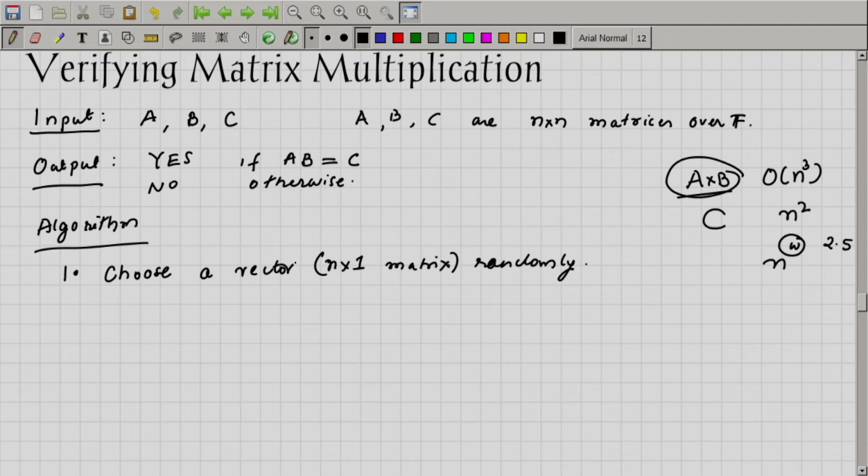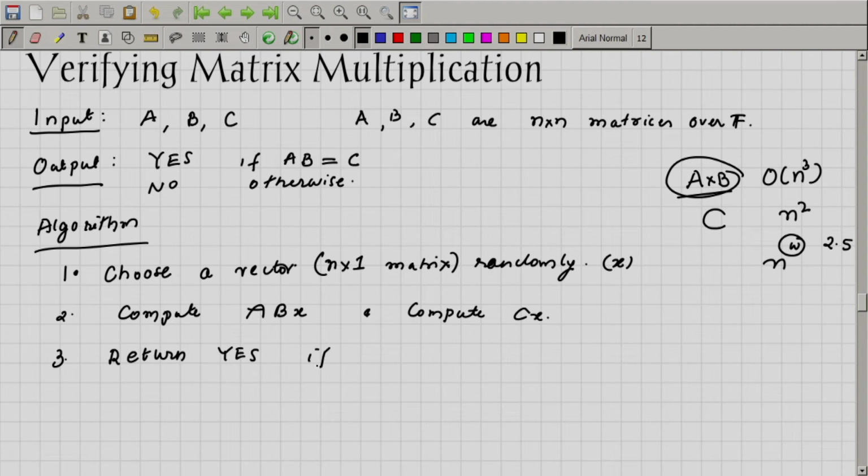All possible n cross 1 vectors are equally likely. Let us call this vector x. Compute ABx and compute Cx. Return yes if ABx is equal to Cx, return no otherwise.